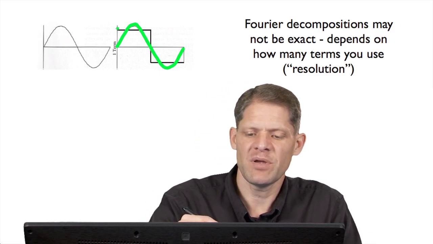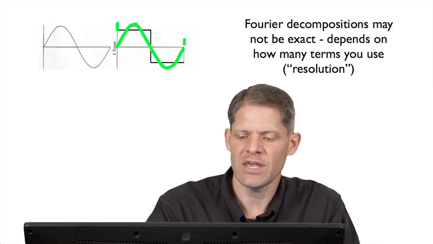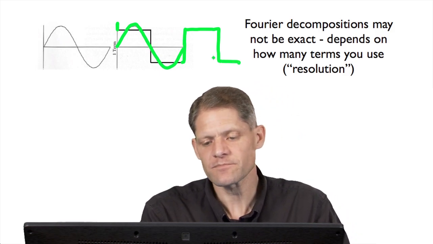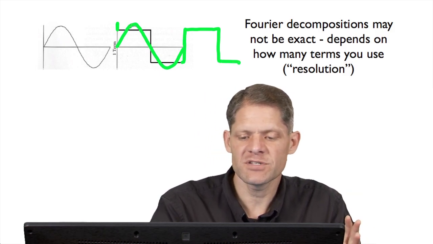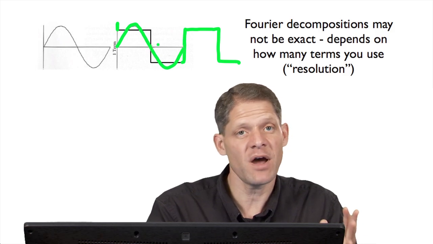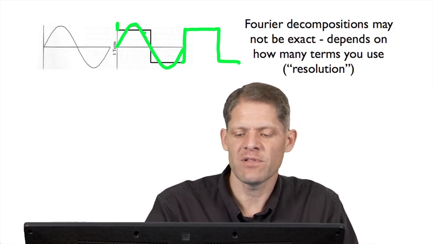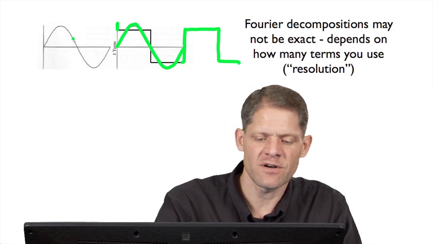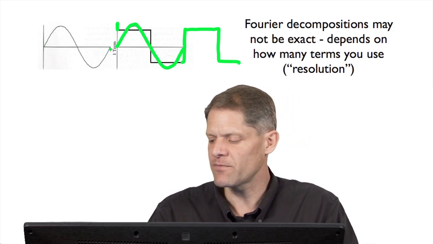And notice that if the period of the step function is from here to here, because it would repeat itself here, it's a periodic step function, etc. Notice that the first sine wave that I use to try to approximate it also has a wavelength equal to the same distance as the period of that step function. Okay, so we'll draw it over here. There's our first approximation, that sine wave.